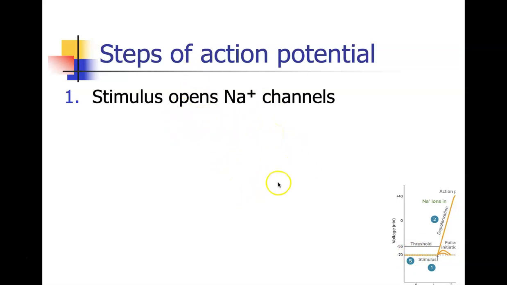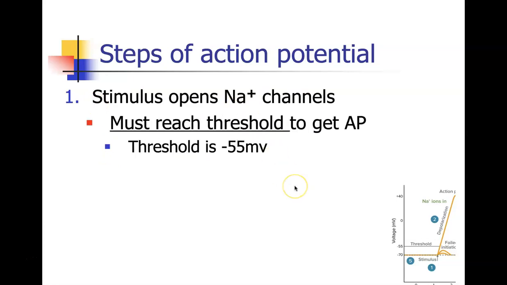Remember that at rest, your cell has a high concentration of sodium outside the cell and a low concentration inside. So when the stimulus opens sodium channels, sodium rushes into your cell. That's positive ion coming into the cell, which increases membrane potential and causes a depolarization.